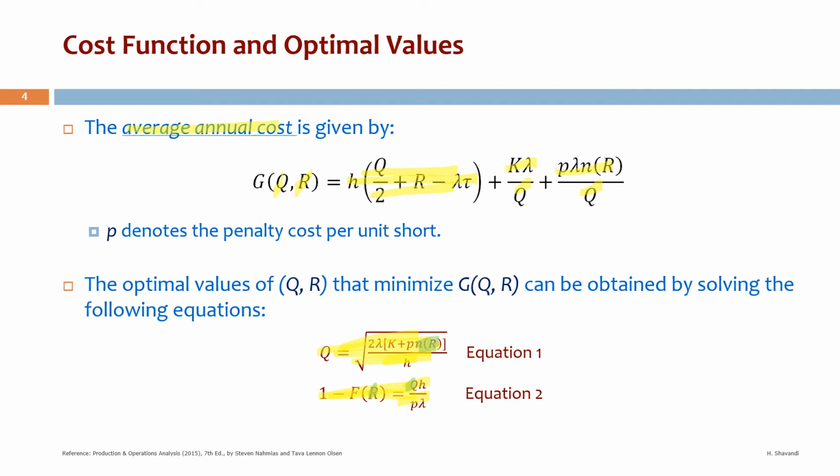Then we replace this new Q again in order to obtain a new value for R. We continue this process until we converge to a value for Q and R, and at that time we stop, and the last values for Q and R will be the optimal values.